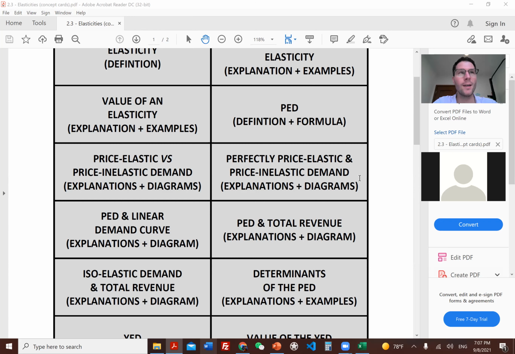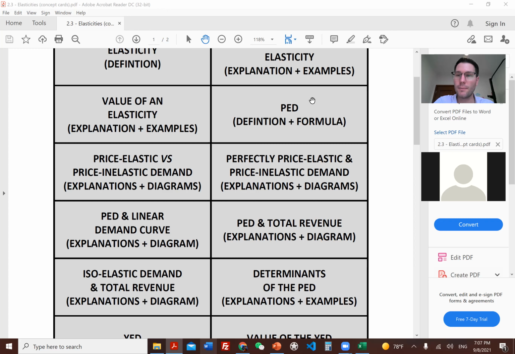So tonight we are only going to look at one PPT, one topic, but it's a big topic because we are going to talk about elasticities. There are 4 different types of elasticities that your students must be familiar with.